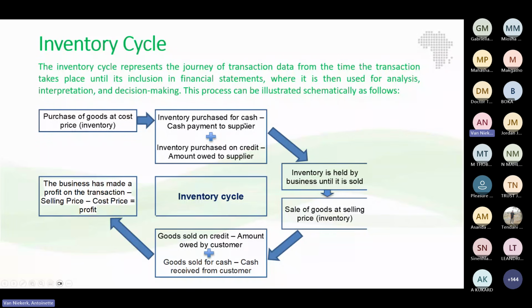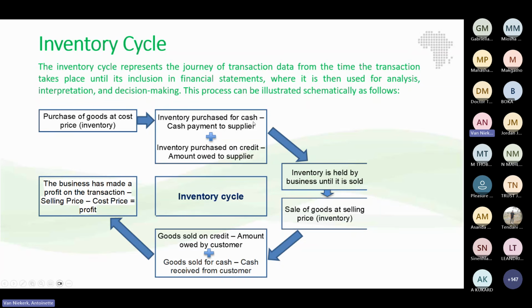When you purchase inventory for cash, I always refer to my bank account. When you purchase, it means that cash is flowing out of the bank because you are paying something.